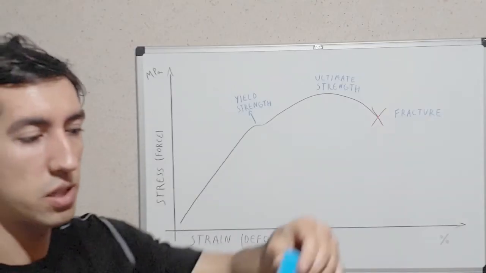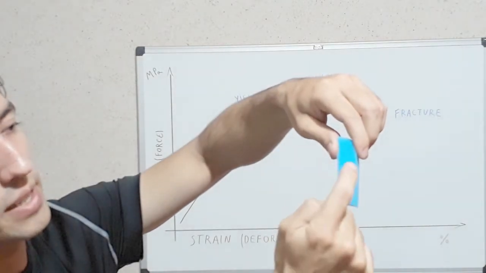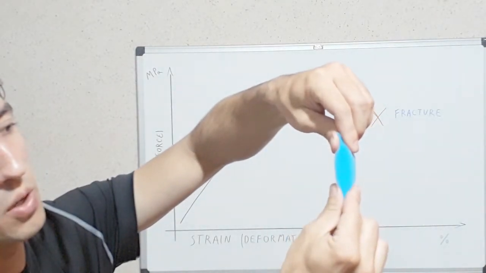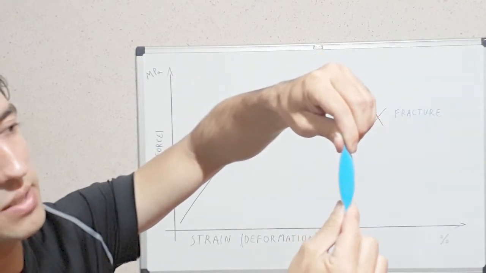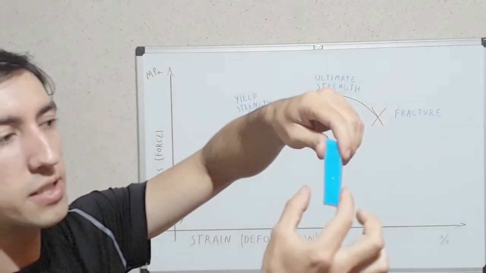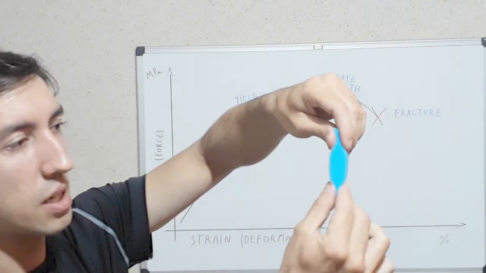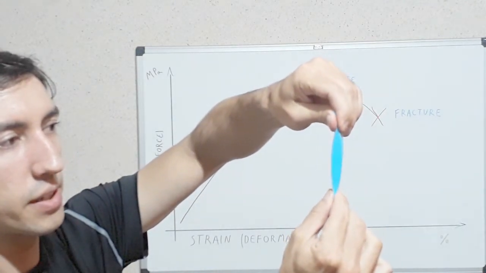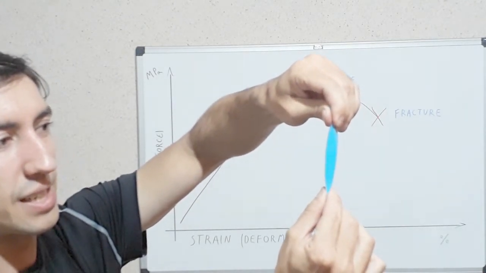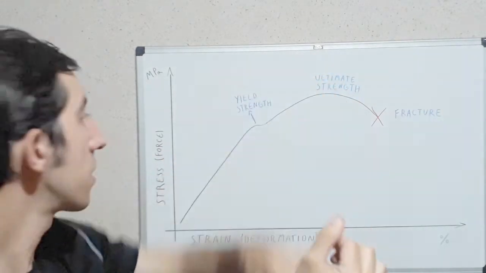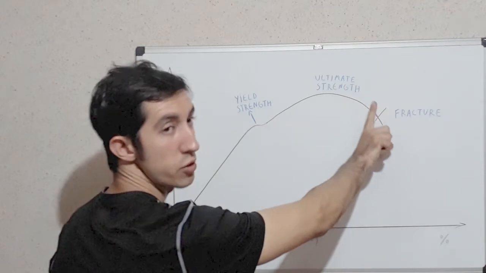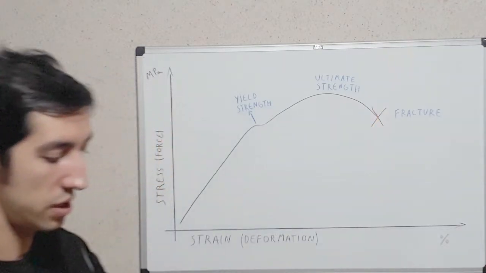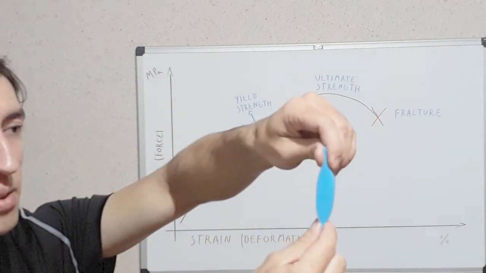If you look closely, when you pull, the middle part of the material necks. What's necking? The middle part starts to get thinner, like here. When it starts to get thinner, it's this part here, from here to here, until it breaks. So this is called necking.